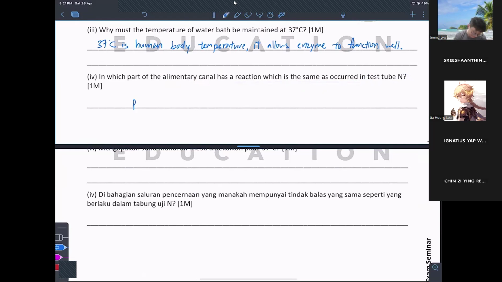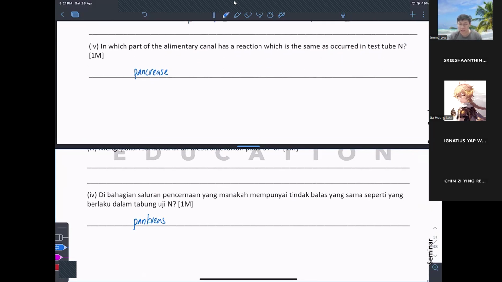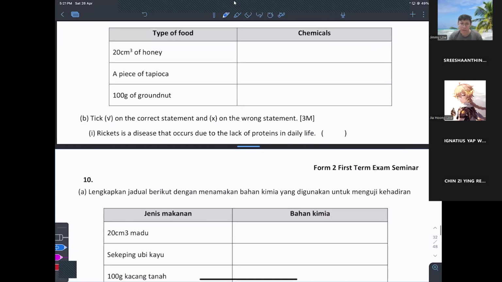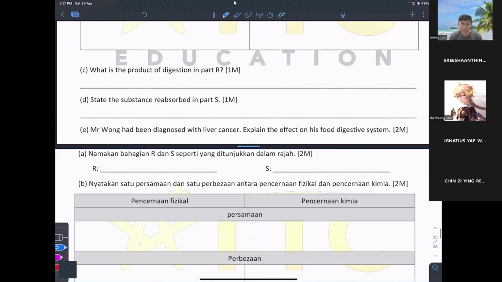Pancreas. So pancreas is able to break down starch as well because it has pancreatic amylase. So the answer is here. All right, we skip the repeating questions.